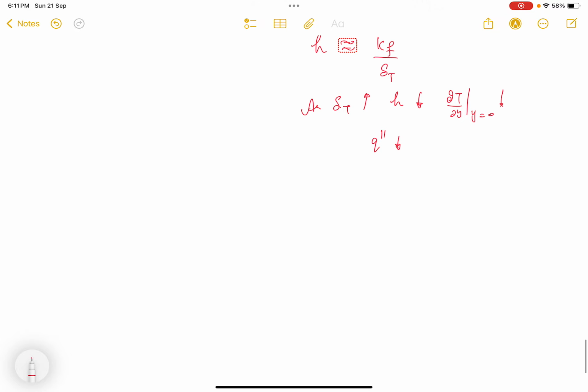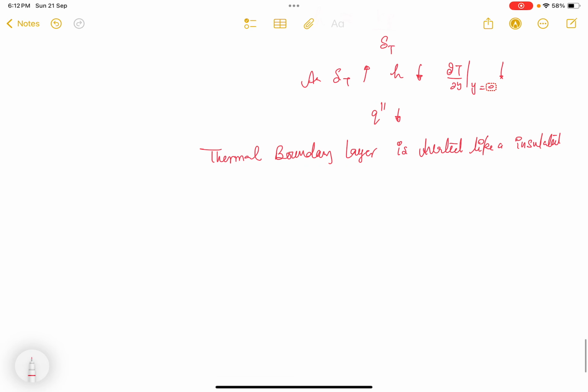That's why the thermal boundary layer is treated like an insulated layer over a surface, right?